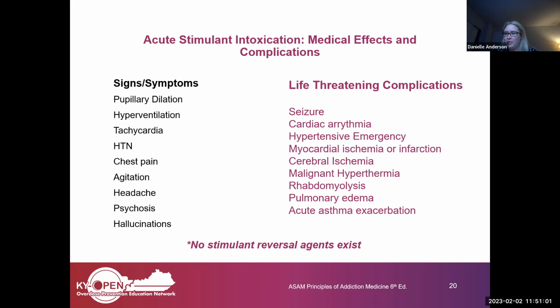But there are life-threatening complications that can occur from stimulant use, such as seizure, cardiac arrhythmia, hypertensive emergency, a heart attack, stroke, breakdown of muscles, an acute asthma exacerbation. So a rise in the neurotransmitter dopamine can cause all of these life-threatening complications. And as someone recently mentioned in the chat, there is no stimulant reversal agent.